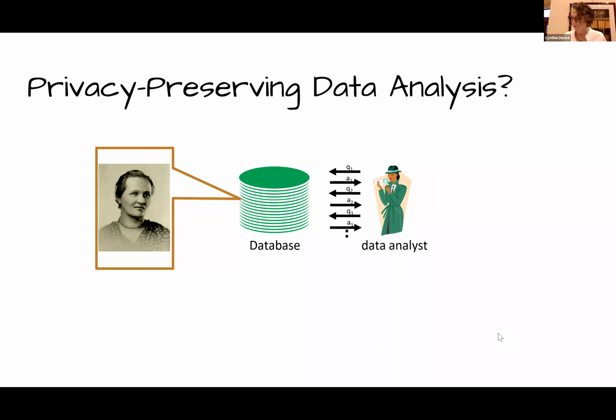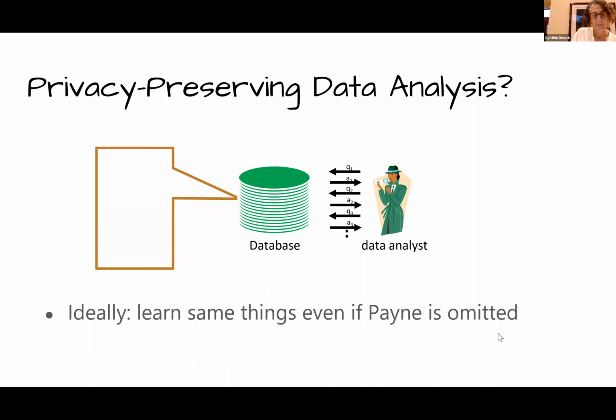Now, definitions are essential, and without them, we literally do not know what we're talking about. So what do we mean by privacy preserving data analysis, and what kind of protection should we offer to Cecilia Payne? So ideally, what we'd like is to learn the same things, even if Payne had decided not to join the data set, even if we had omitted her data.